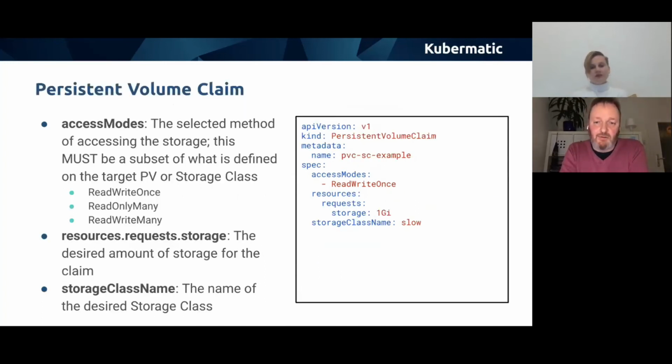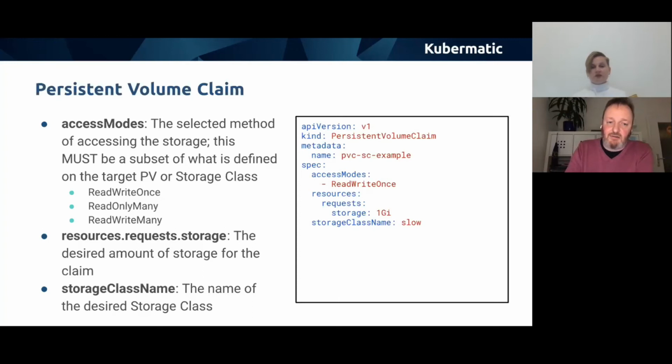And now I want to claim it, which is a bit more simple. I specify, for example, the access mode, and it has to be a subset of the one defined in the persistent volume or storage class, which I show later.